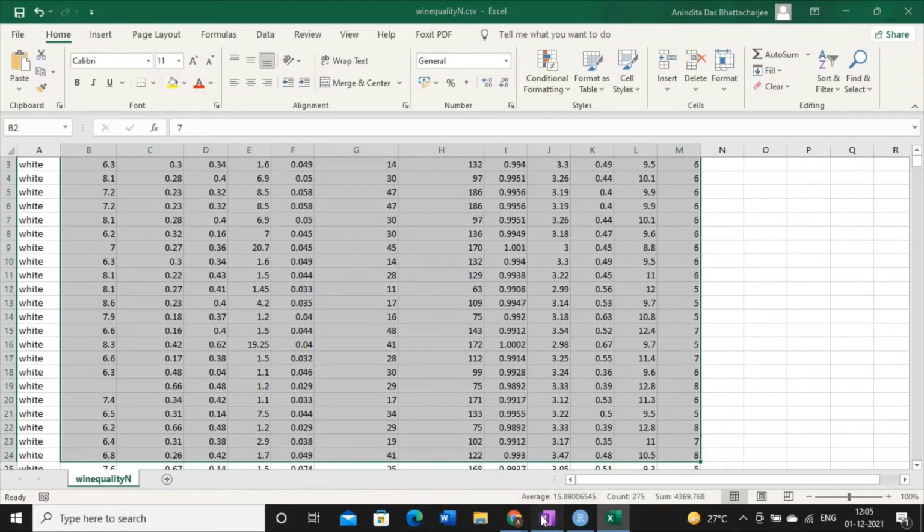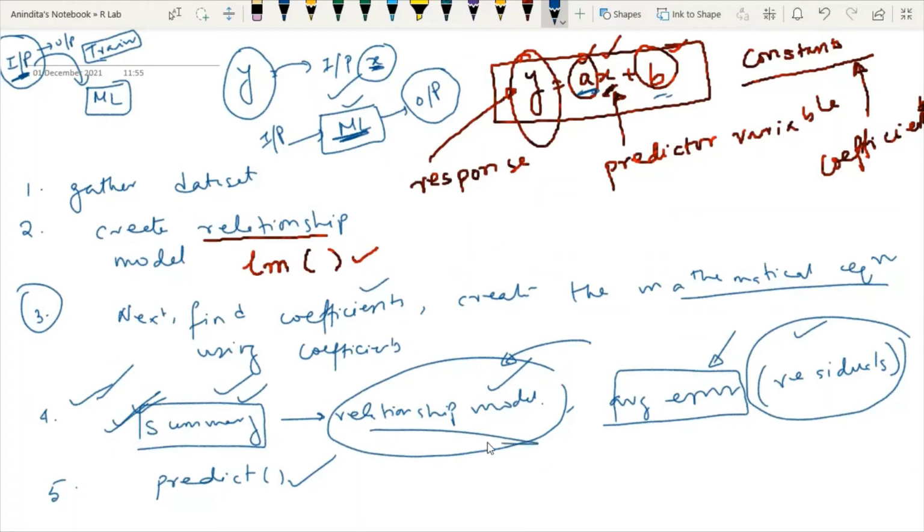Whatever relationship model we are using, by using the summary function, we can find the average error in understanding, or the average error in the training procedure, which is known as residual. If this residual is high, meaning there is a lot of error, then we will retrain our model. If this residual is very low, our model is ready to predict.